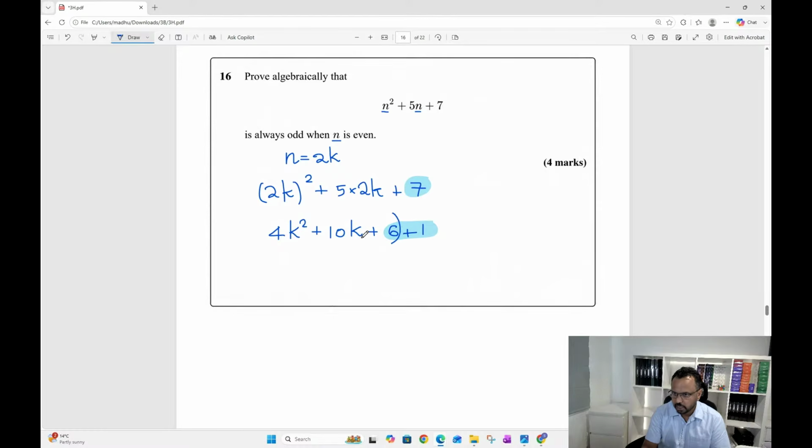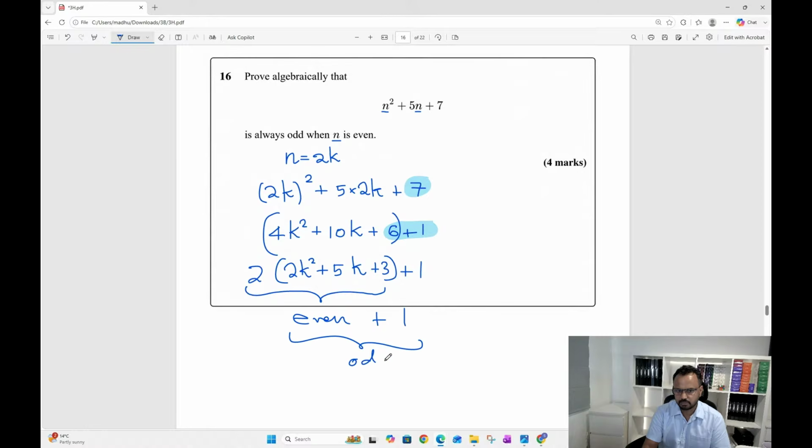Because I know I can now factorize this whole thing. So take 2 out: 2 times (2k squared, add 5k, add 3), add 1. Now, guys, because k is an integer, all of this is definitely even. Even add 1 is odd. Done and dusted. Thumbs up if you understand.